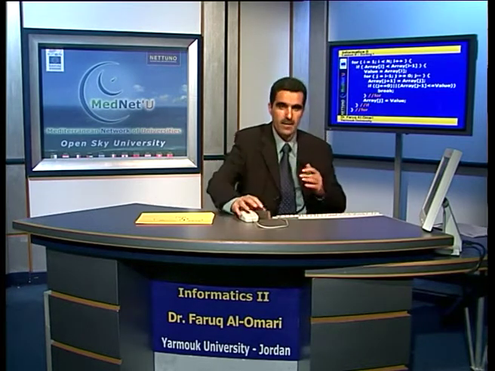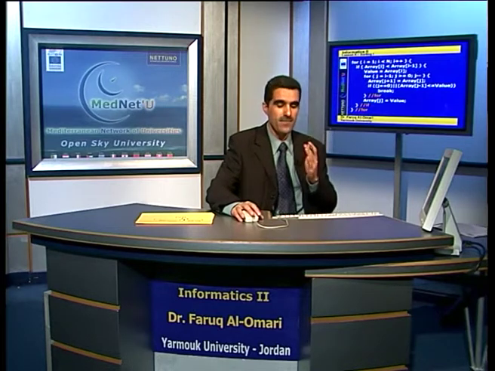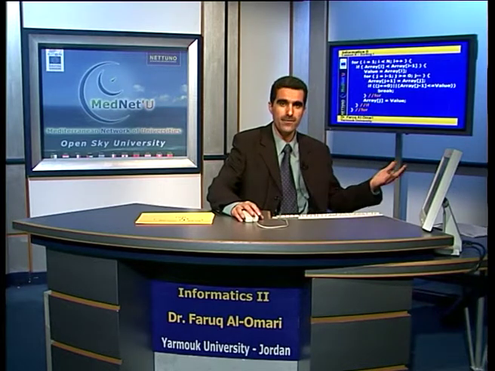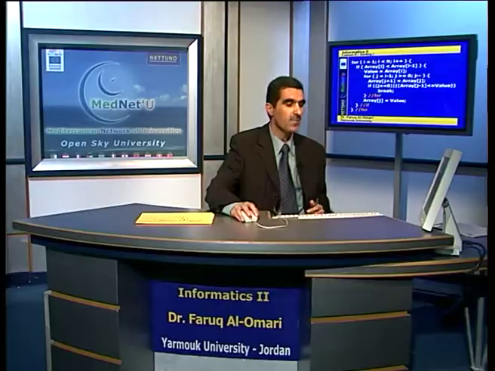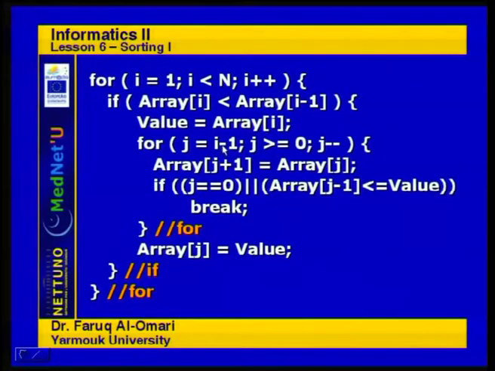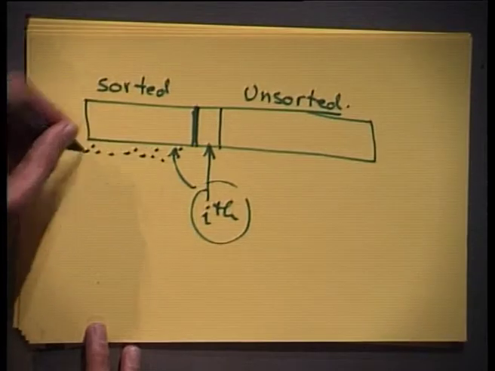And then I need to see if I need to go backward any further. So I'm going to start from this last position in the sorted sublist down to 0, the first entry in the sorted list, decrementing each time, so it's like going backward in here.